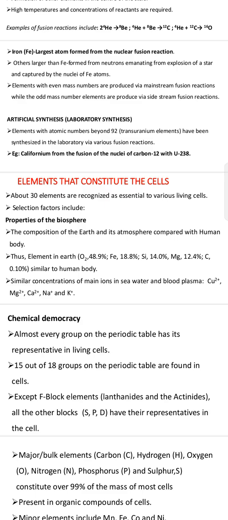Every element that has an even mass number was produced from a mainstream reaction. A mainstream reaction refers to the response, opinion or attitude held by the majority.